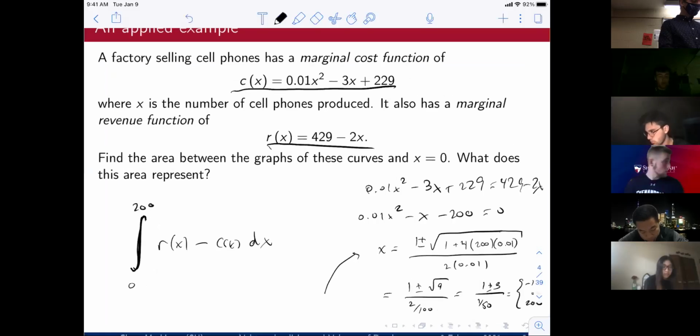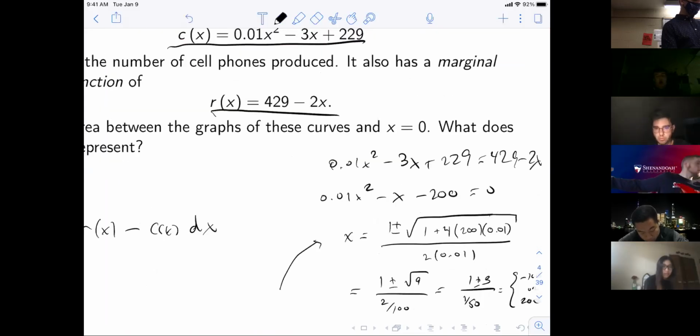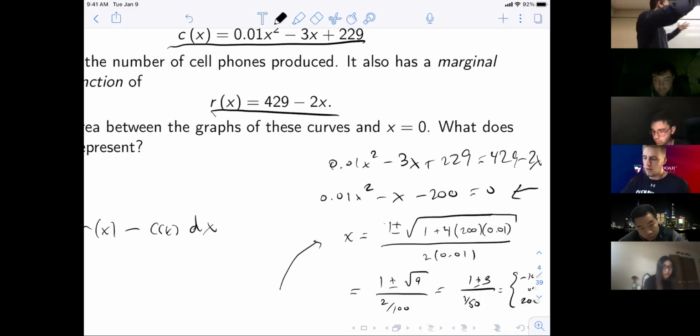No, this is just me using the quadratic formula to solve this quadratic equation. So that's negative b. No, you're fine. Thank you for your questions. Any other questions?